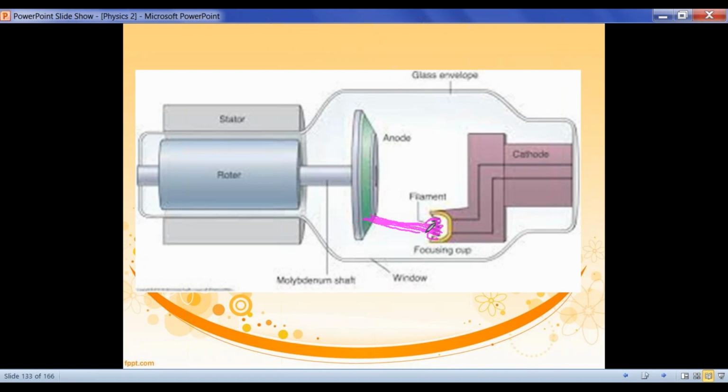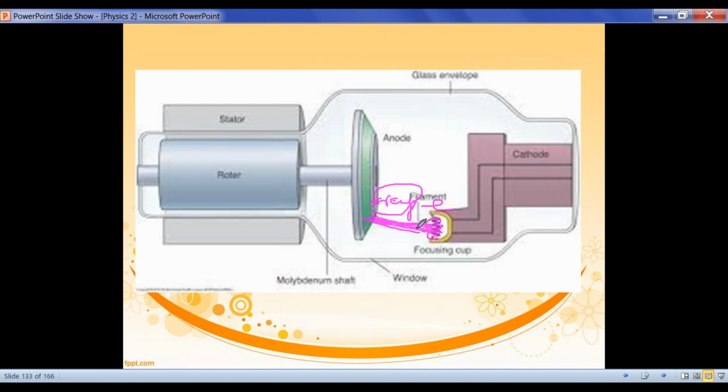Then, there will be conversion of energy from electrical to electromagnetic. So, again, yung ating X-ray tube po ay nagko-convert ng electrical energy to electromagnetic energy. So, electrical in the form of electrons, then electromagnetic energy in the form of X-rays.